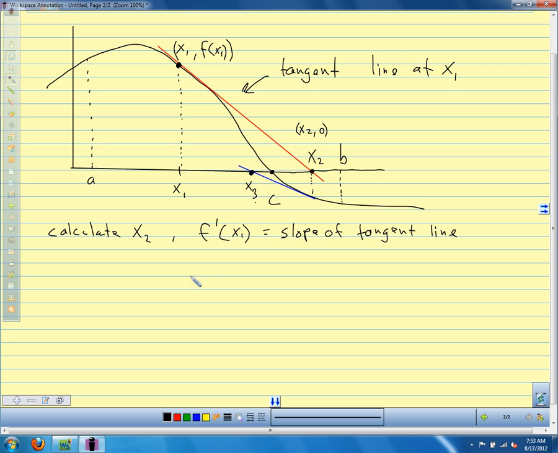So y minus f of x1 equals f prime of x1 times x minus x1. And we're going to plug in this point, x2, 0.